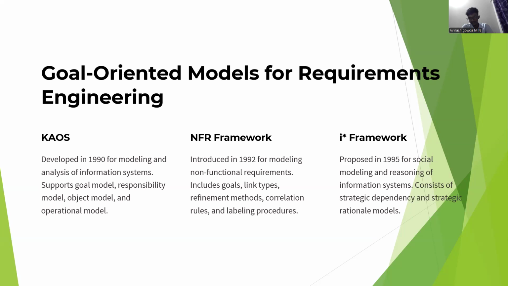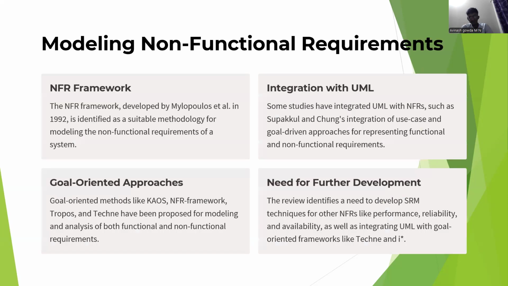goals like types, refinement methods, correlation rules, and a labeling process. And the i-star framework, proposed in 1995 for social modeling and reasoning of information systems, consists of strategic dependency and strategic rationale models.